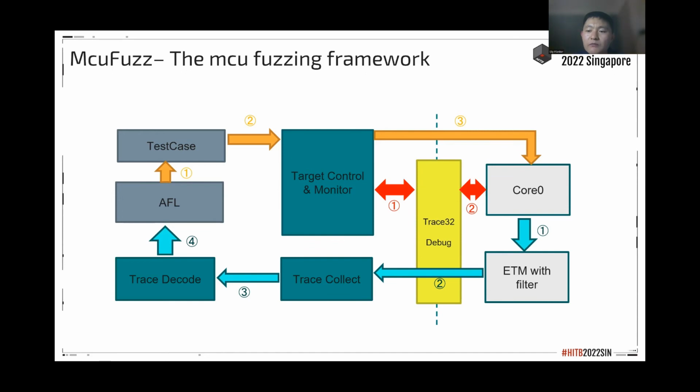At the same time, it monitors the running status of the MCU, such as collecting crash information. Most importantly, it collects ETM data and feeds the parsed data into AFL. Then a fuzzing loop is formed, as the picture shows.